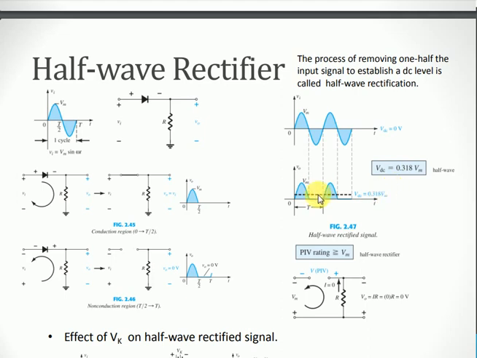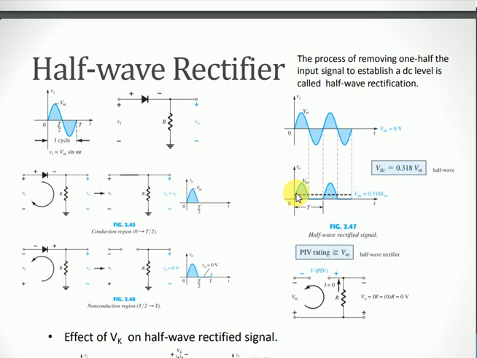That value is multiplied by 0.318, so definitely we will get a value above 0. Let's suppose we have the value at this point. So this DC level is present because of half wave rectification. So the half wave rectifier circuit is simply used to rectify the half cycle.